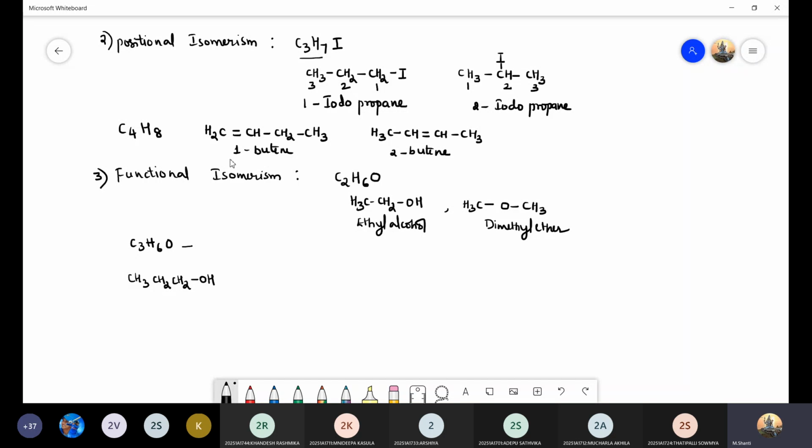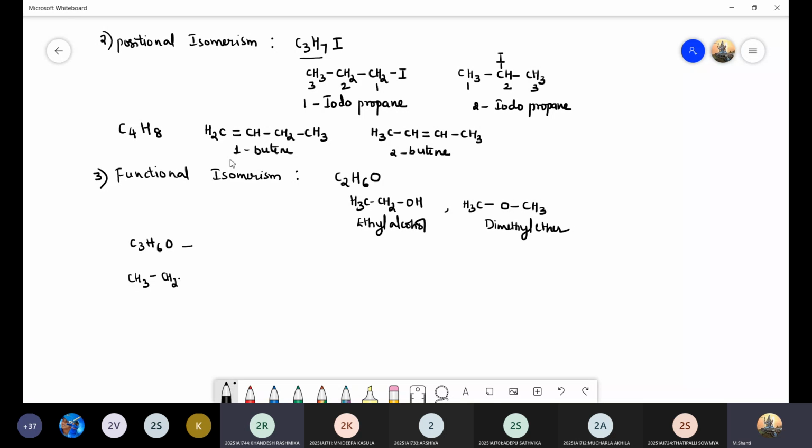But count the number of hydrogens here. Carbons will be 3, oxygen is 1, hydrogens 8. Yeah, 8 hydrogens are there. But in the given molecular formula, 8 is not mentioned. So that means there is no possibility of alcohol and ether. Okay, so what else can you think of?